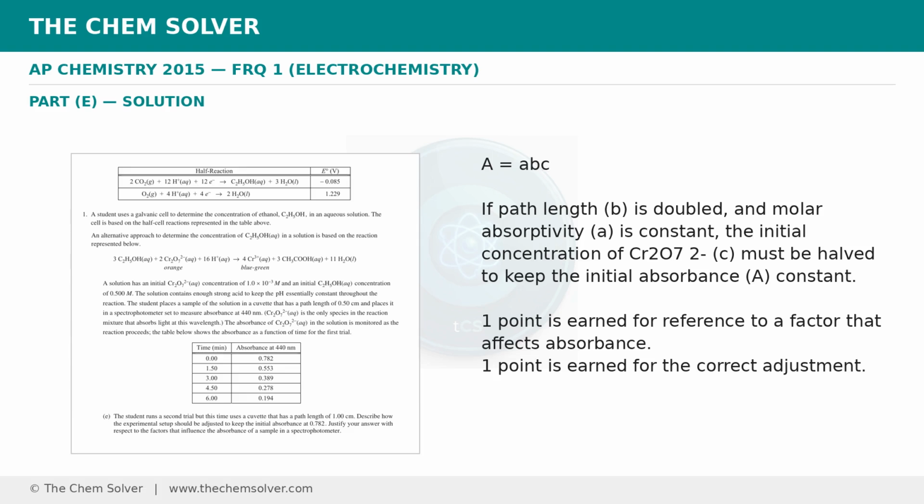If path length, b, is doubled and molar absorptivity, a, is constant, the initial concentration of Cr₂O₇, c, must be halved to keep the initial absorbance, A, constant. 1 point is earned for reference to a factor that affects absorbance. 1 point is earned for the correct adjustment.